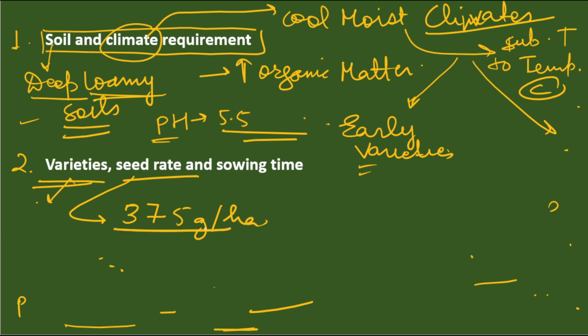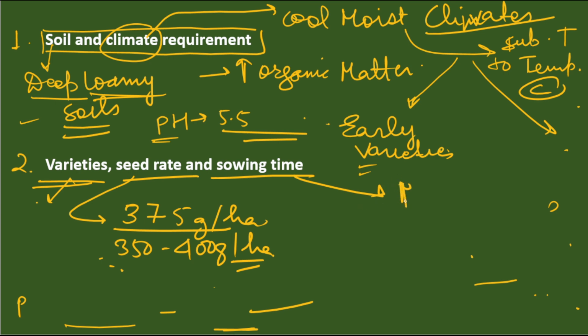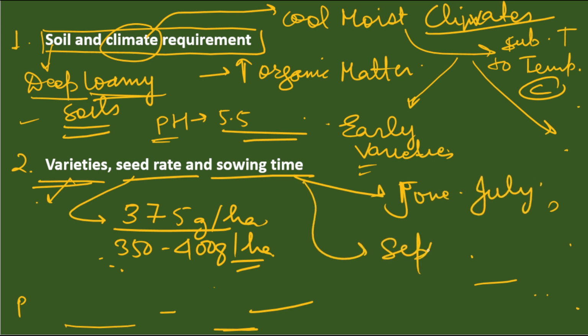You can mention 350 to 400 gram per hectare, depending also on varieties. Also sowing time: the early and hill varieties can be sown a little bit earlier, around June to July, sometimes May also, and the late varieties are generally sown around September. So this is the sowing time. I hope you are able to understand.